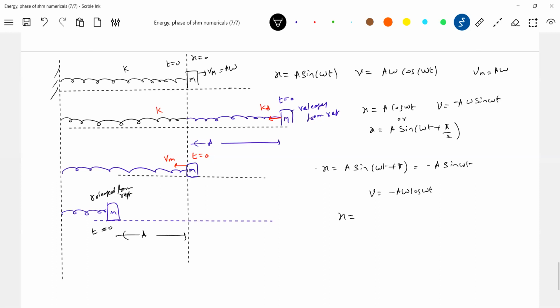What should be the equation? x equal to a sine omega t plus 3 pi by 2. Now what should be the equation? Anybody? What shall I write? Minus a cos omega t. Am I right? Okay, wait.